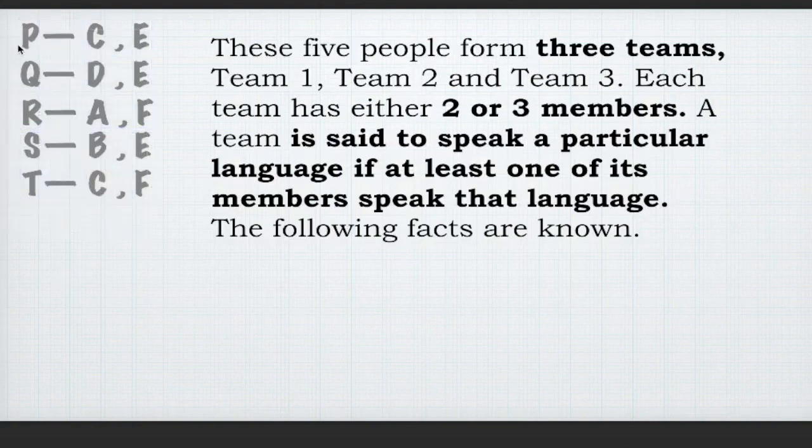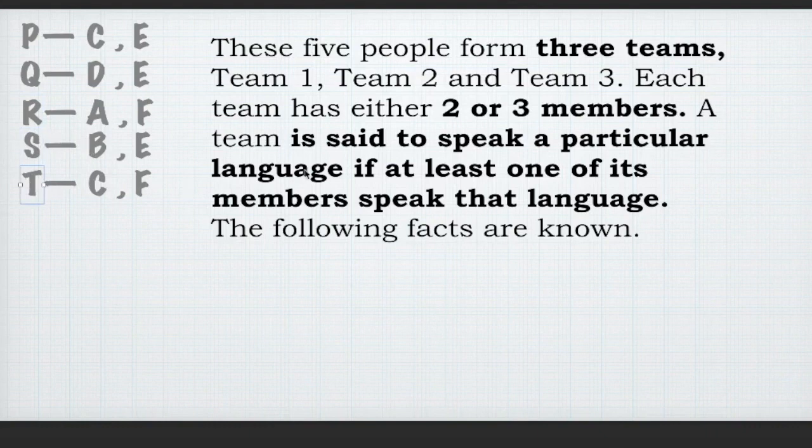These are my characters P, Q, R, S, T, and these are the two languages each speaks, as captured from the table. P speaks Chinese and English, Q speaks Dutch and English, R speaks Arabic and French, S speaks Basque and English, and T speaks Chinese and French.